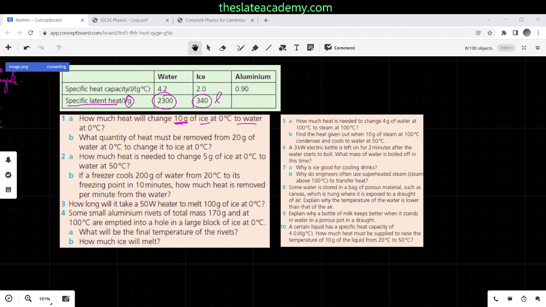This is specific latent heat of fusion, and this is specific latent heat of vaporization. Since right now we are talking about conversion between solid and liquid, we will use the latent heat of fusion. So Q is equal to mass times latent heat of fusion, which will be 10 times 340.